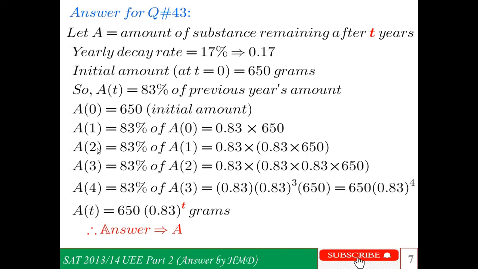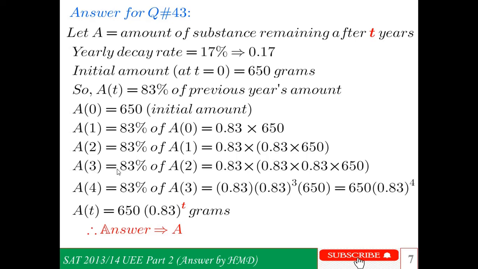After 2 years, the amount of substance remaining becomes 83% of the previous year, that is A of 1, which is 0.83 times A of 1, and A of 1 is 0.83 times 650, right? Then substitute here, that is 0.83 times 0.83 times 650.